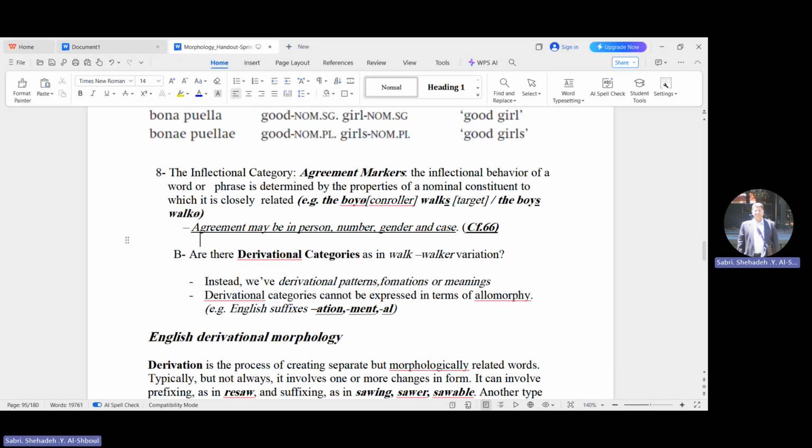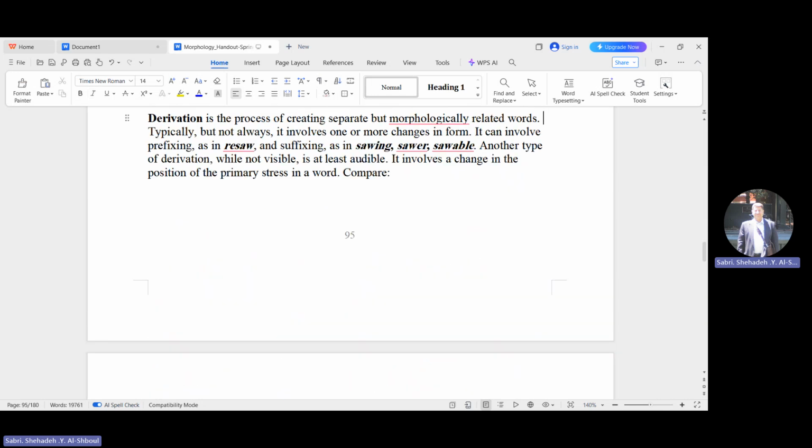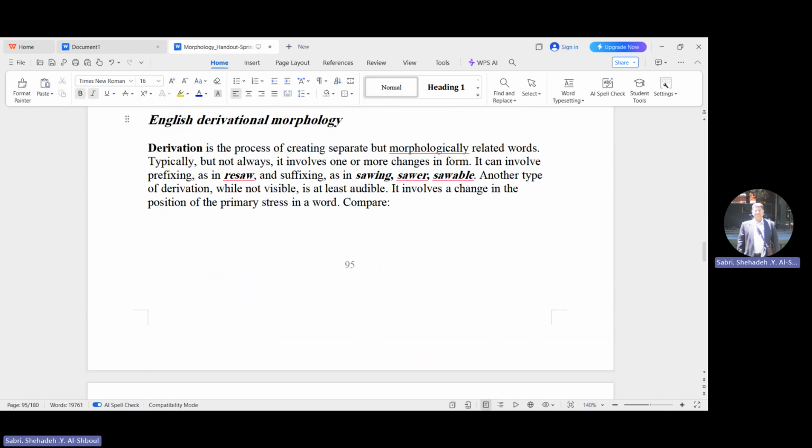So here we notice, dear students, that on the other hand, English derivational morphology, as we said, is the process of creating new forms of words, meanings for parts of speech, but they are morphologically related because we add suffixes and prefixes in the language in general.